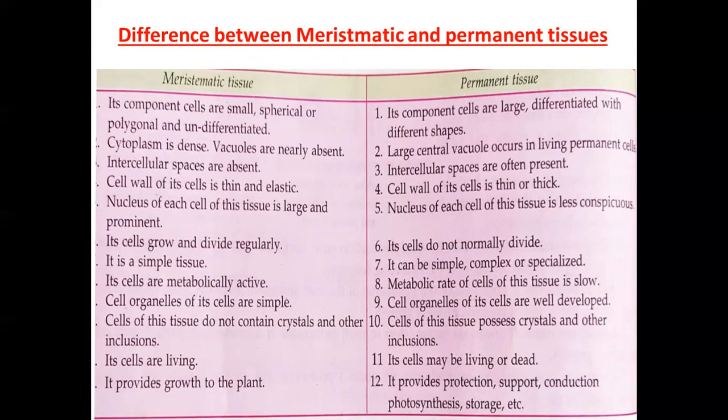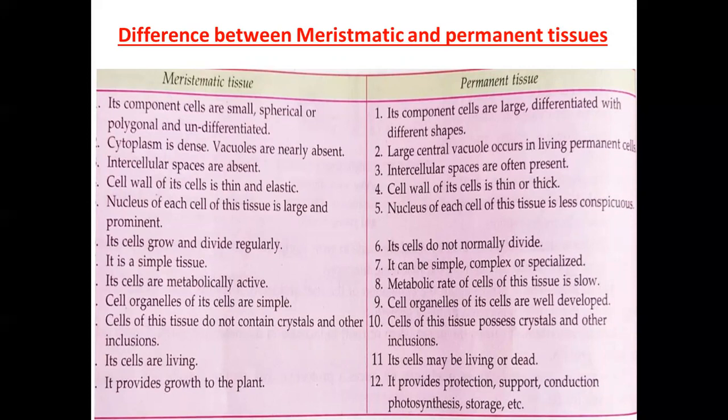Next, the cytoplasm is dense and vacuoles are nearly absent, but in permanent tissue, a large central vacuole occurs in living permanent cells. In meristematic tissue, intercellular spaces are absent. In permanent tissue, intercellular spaces are often present. In meristematic tissue, the cell wall is thin and elastic, but in permanent tissue, the cell wall is thin or thick.